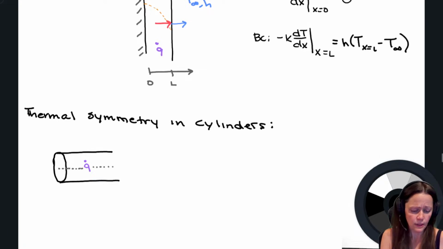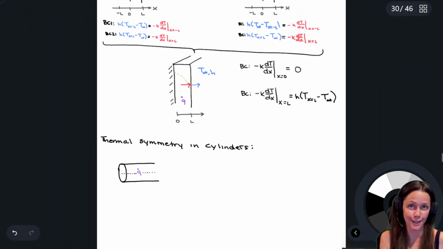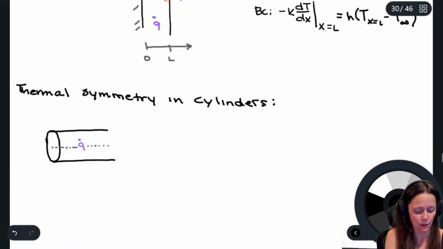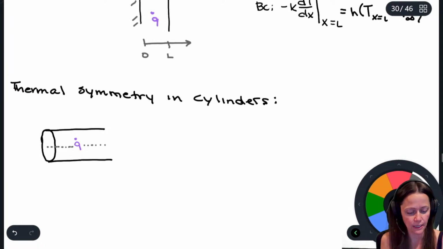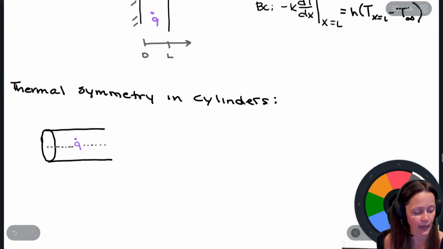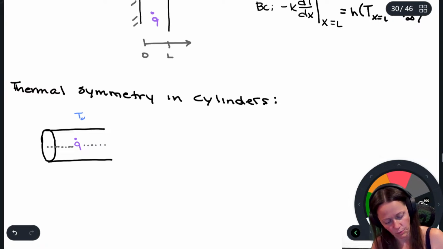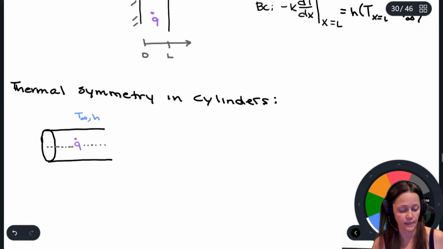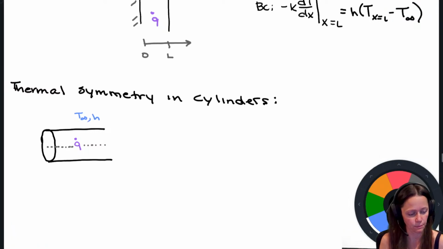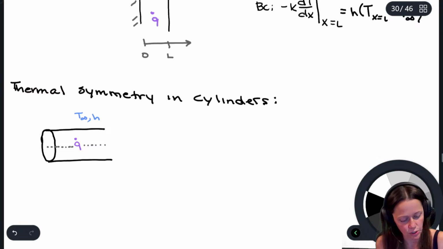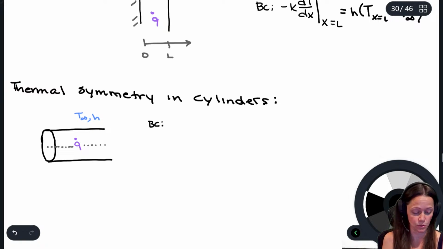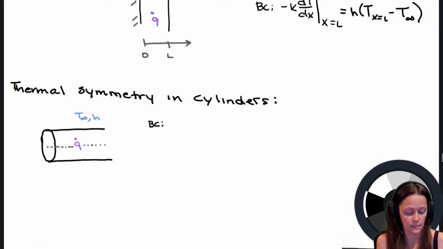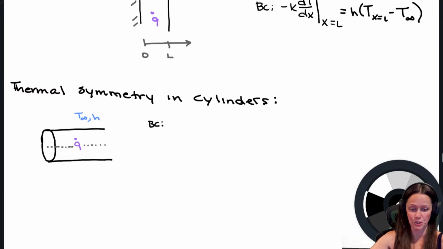So I don't have a plane that I could draw an adiabatic surface at, but what we do is say there is no heat transfer at the center. And let's say we've got convection on the outside, and it's that way all the way around. So the first boundary condition would take advantage of thermal symmetry, because you've got the same thing going all the way around.